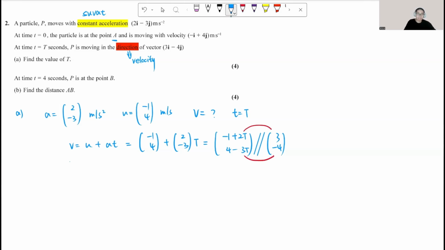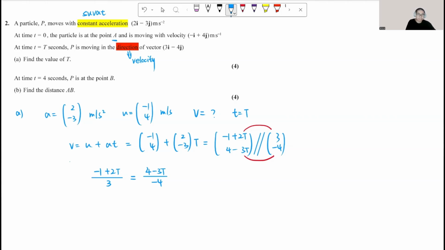To work out that scale factor, we can use -1 plus 2t divided by 3, which is the scale factor from the i component. And if we use 4 minus 3t divided by -4, that will be the scale factor for the j component. Because those two vectors are parallel, the scale factor has to be the same, so they will be equal to each other. Then we just have to solve this to work out the value of t.